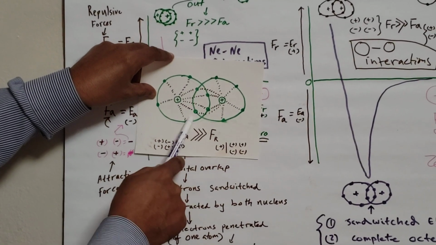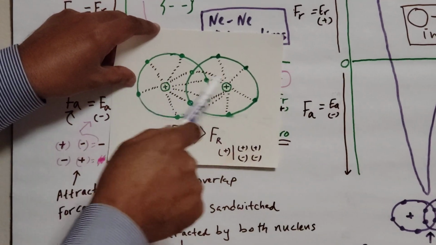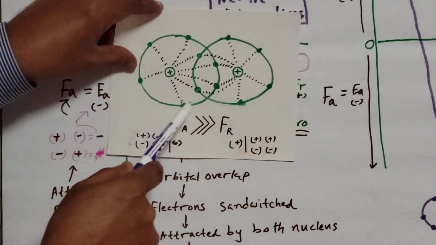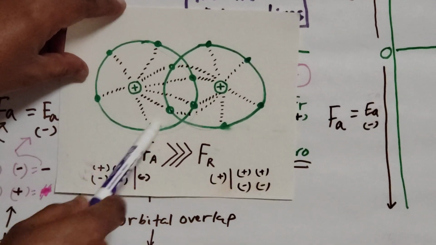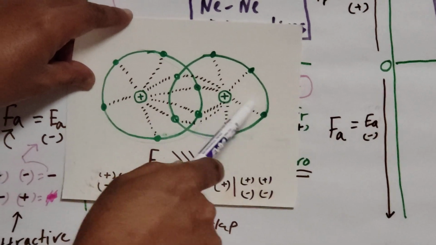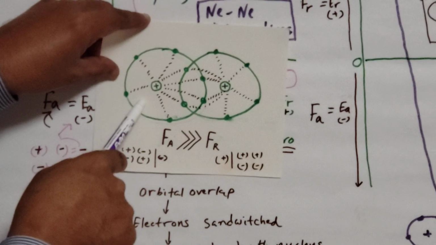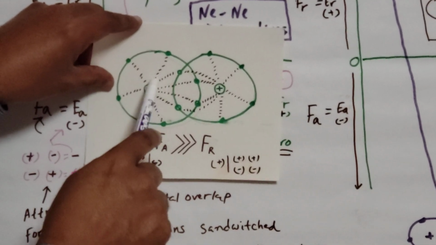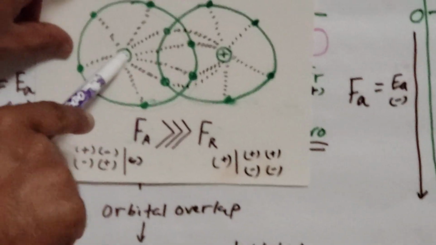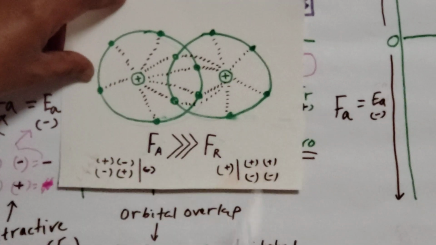These sandwich electrons are attracted by both nuclei. You see the electrons of the left atom have penetrated the orbitals of the second atom, and this atom has penetrated the orbital of that atom. In this drawing you have attractive forces between electron and nucleus.